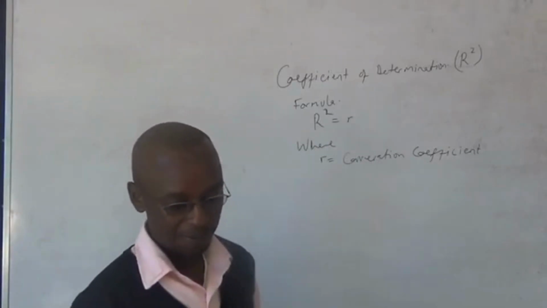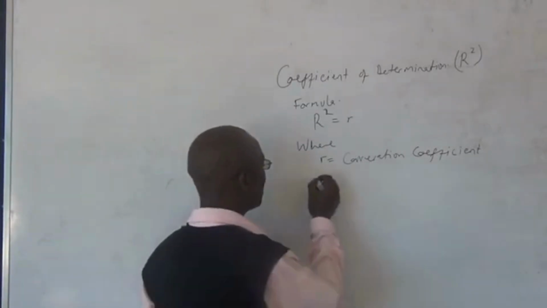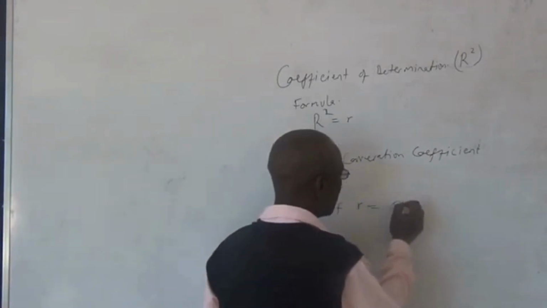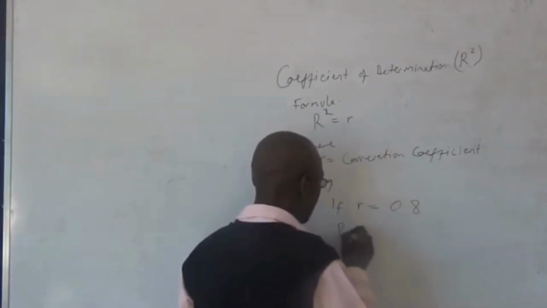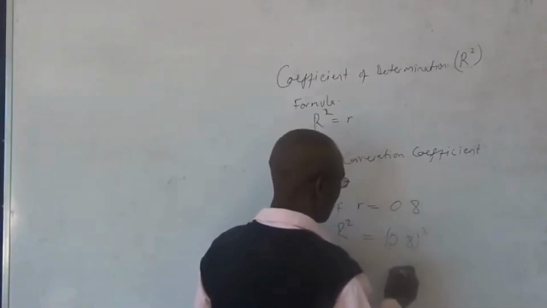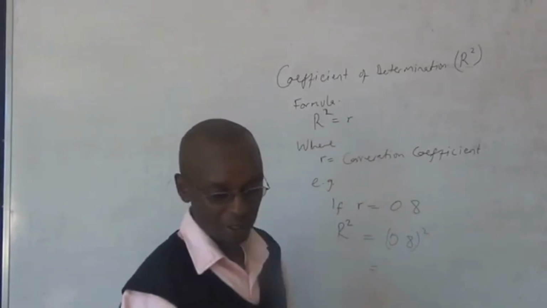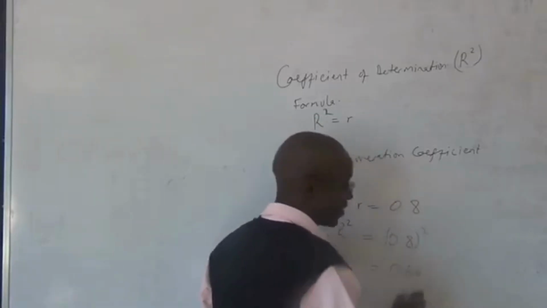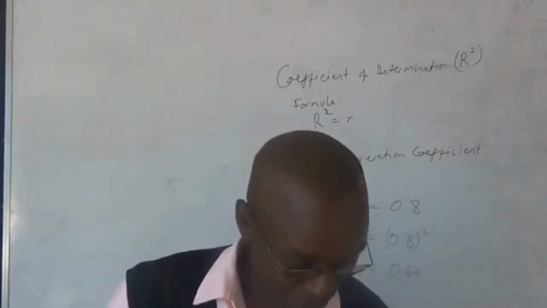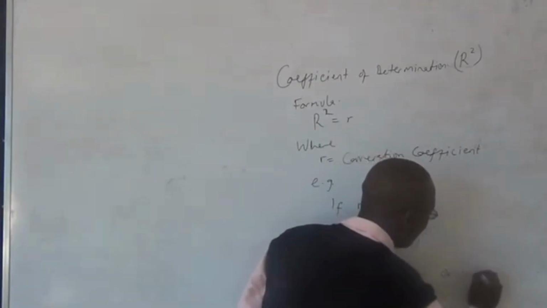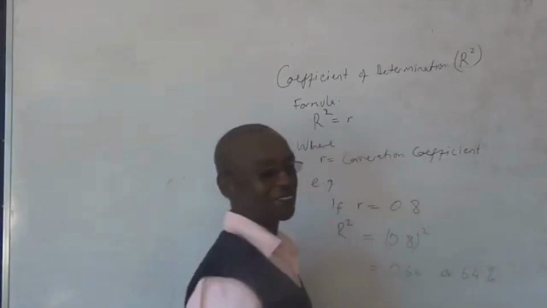So an example, if r is 0.8, R squared will be 0.8 squared, which is 0.64, or 64%.